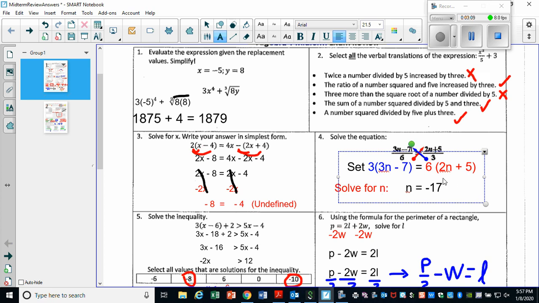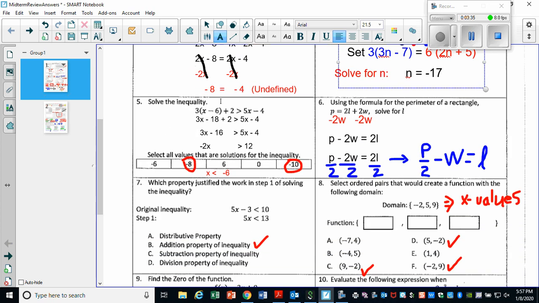After that, it's just a matter of getting your variable terms on one side of the equation and your non-variables to the other. And when all is said and done, you should get an answer of n equals -17. I'm only giving you hints on these problems because on Thursday and Friday of this week, you will be doing them on your own.